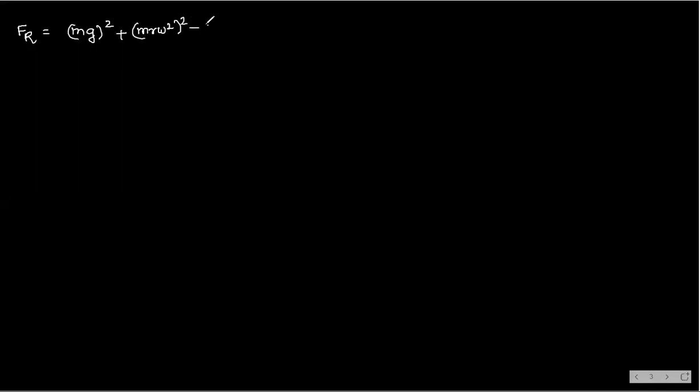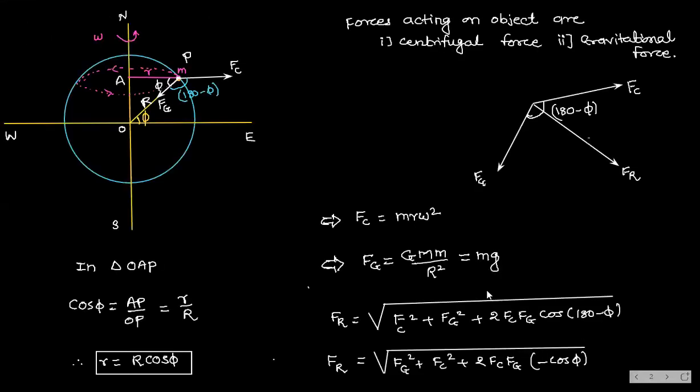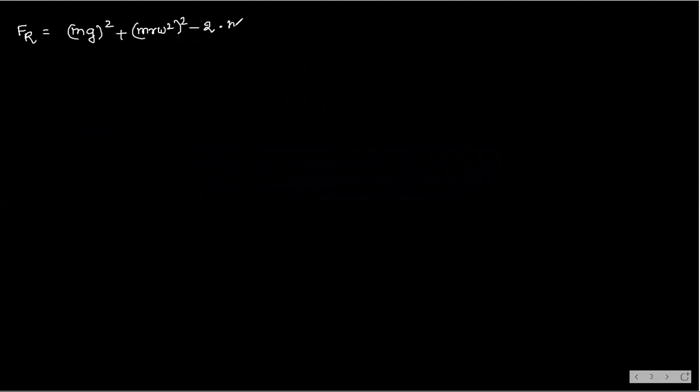Minus 2. Why have I taken minus? Because this is minus cos phi. So minus 2 Fc Fg, that is minus 2 into mg into m r omega square cos phi. And I am writing the square root as whole power 1 by 2. Understood this step? Please tell. Okay, good.